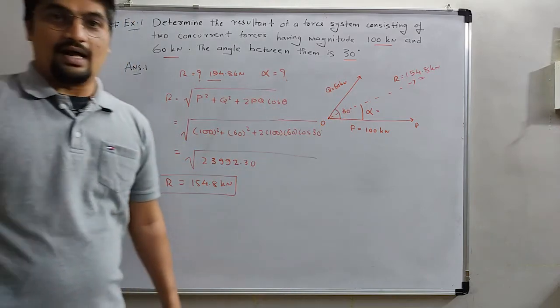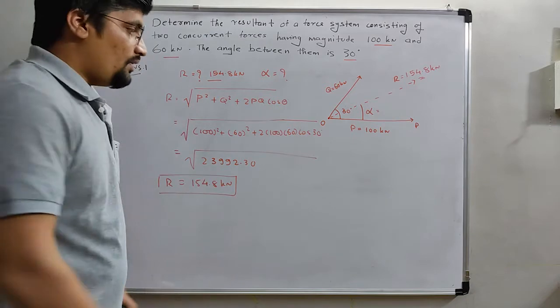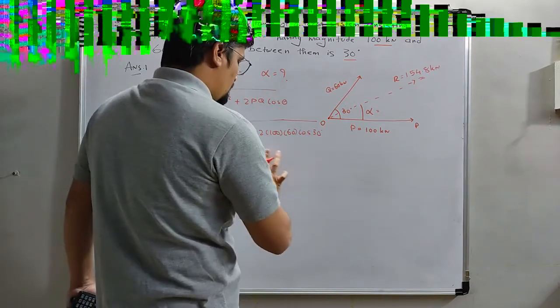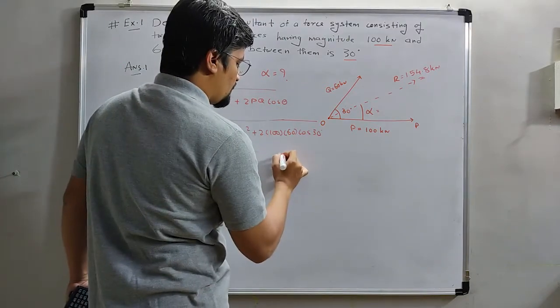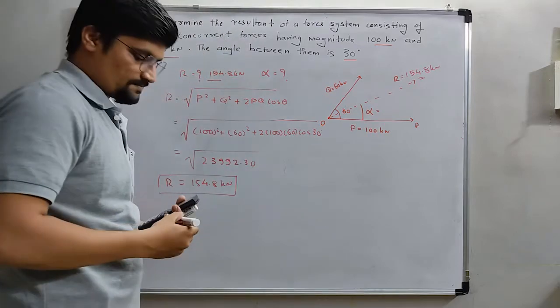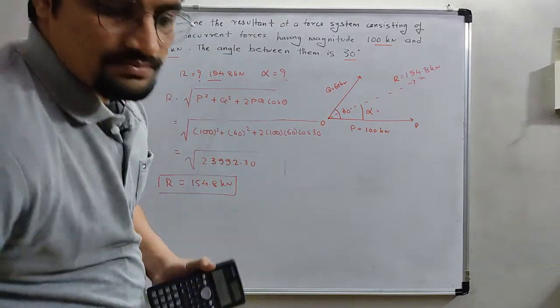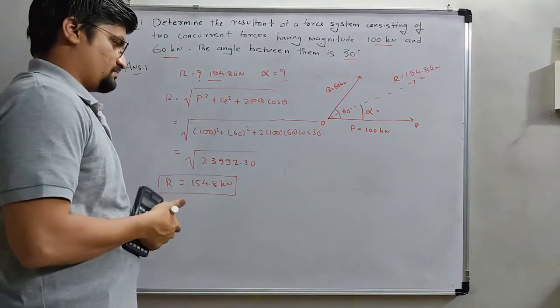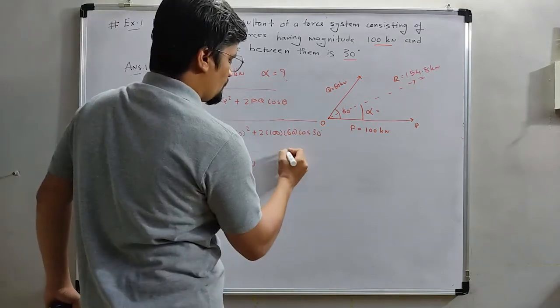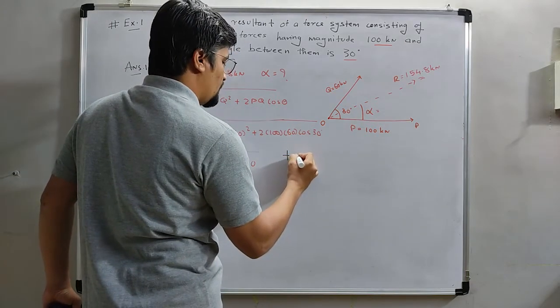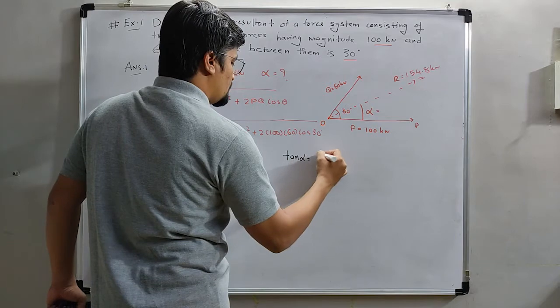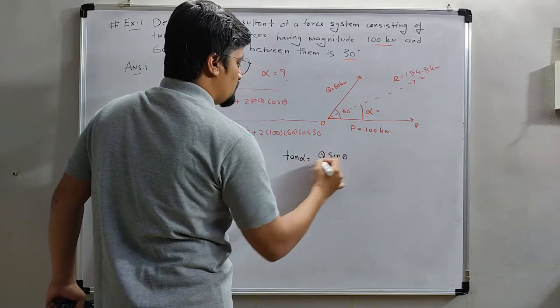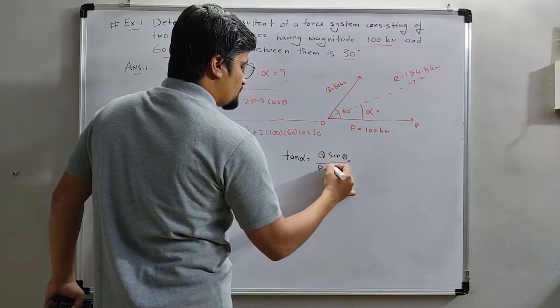So we need to find the alpha value. As per the equation, tan alpha is equal to Q sin theta divided by P plus Q cos theta.